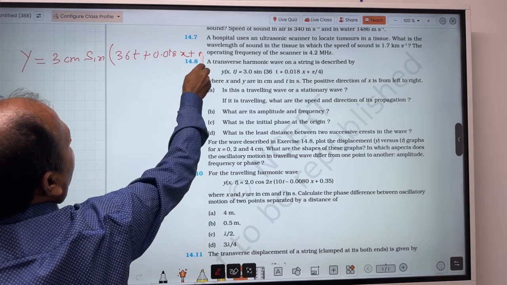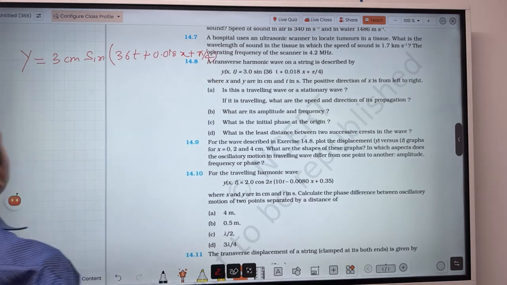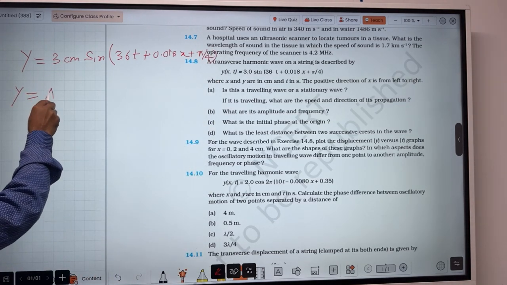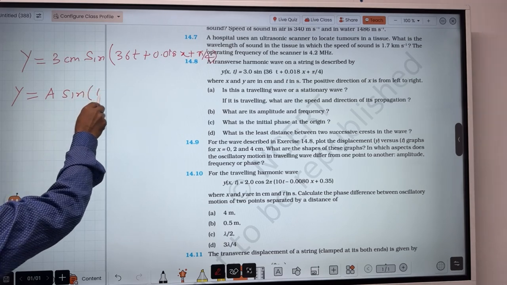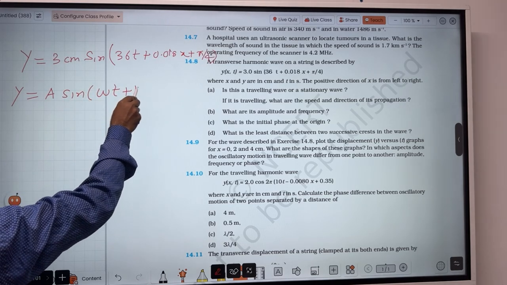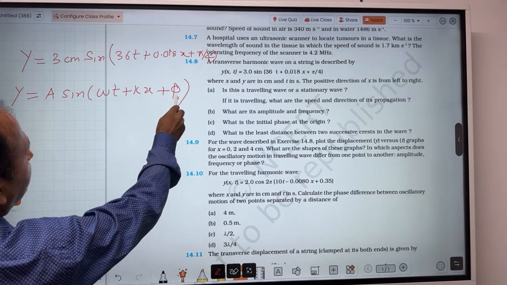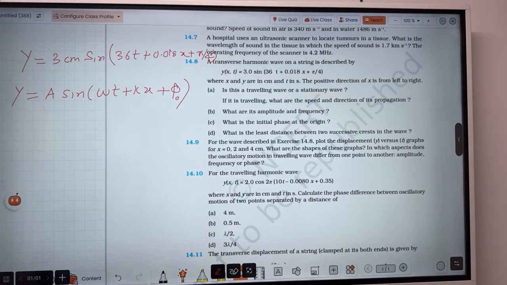We can determine various factors by comparing with the formula A sin(ωt + kx + φ0). So we can easily determine everything.